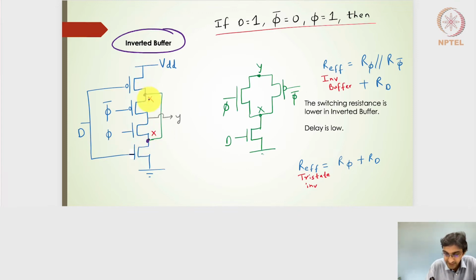If we have this kind of short circuit, and let's say that D is 1, D is 1 means I will have the NMOS on and the PMOS off, phi bar is 0 and phi is 1, that means we have these on and on, right? Then I will have these 4 transistors. Because this is an off transistor, I can draw an equivalent circuit with only 3 transistors, where phi and phi bar are in parallel with respect to the Y node and X node.